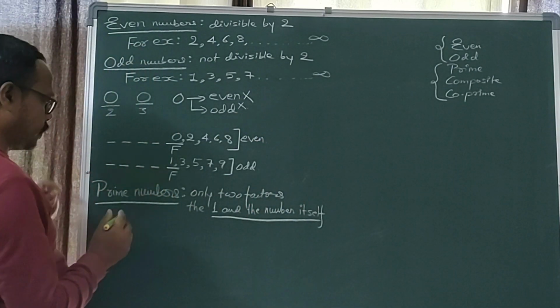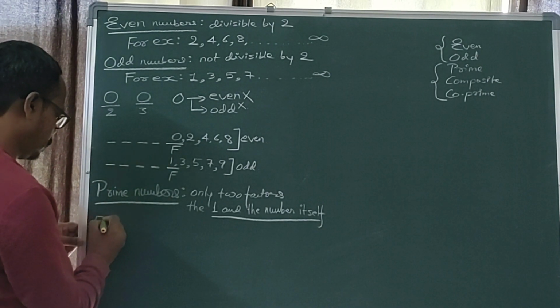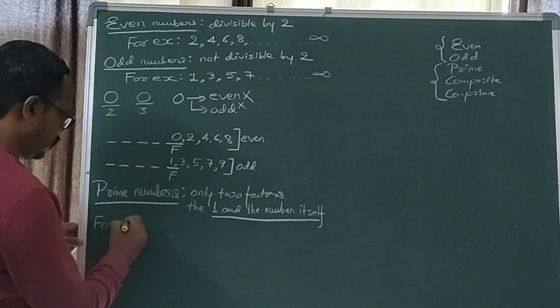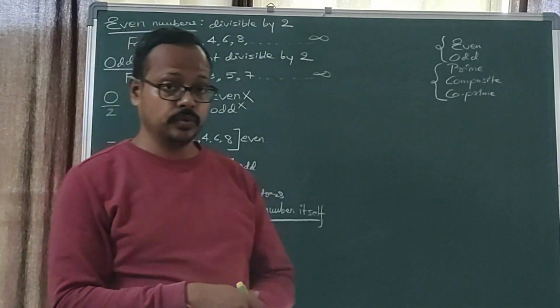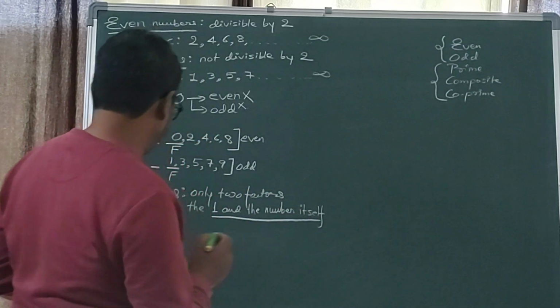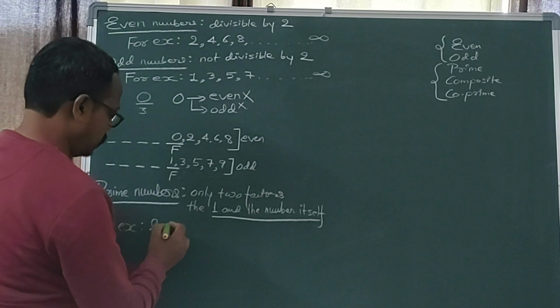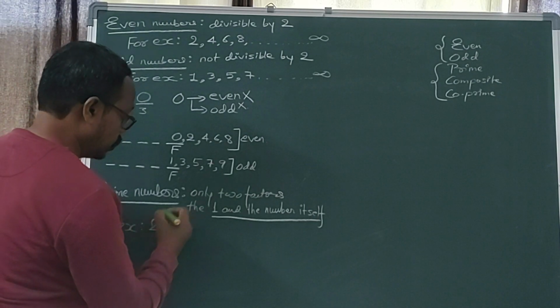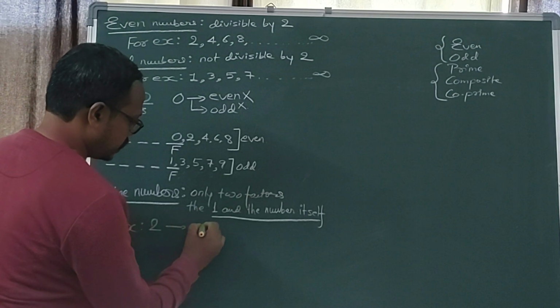So what are the examples of prime numbers? What is the smallest prime number? If someone asks you, the smallest prime number is 2. Because how many factors does 2 have? The factors of 2 you can list down as 1 and the number itself.